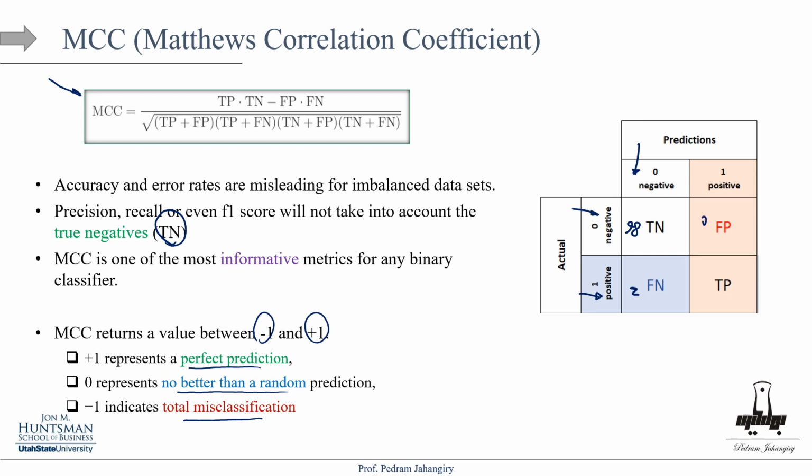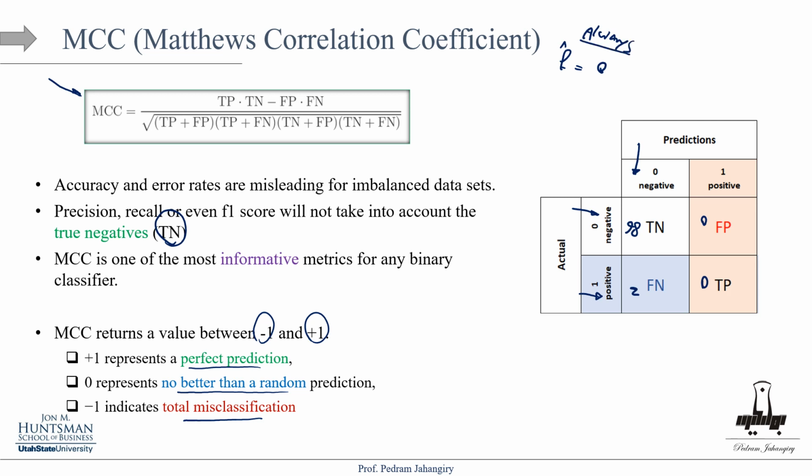So as you can see, these numbers are going to be 0. Imagine our model f hat is always 0, always.